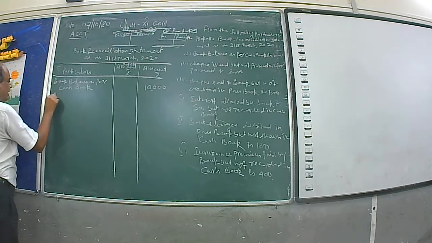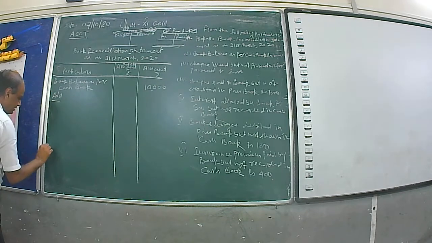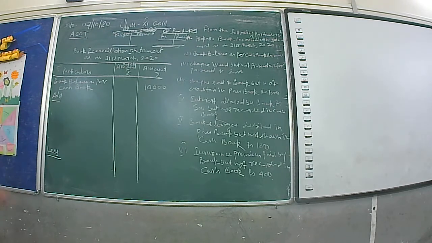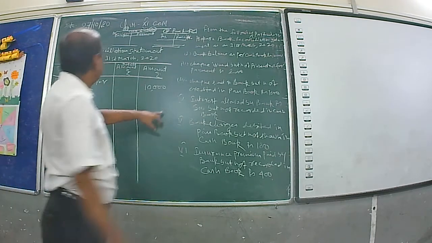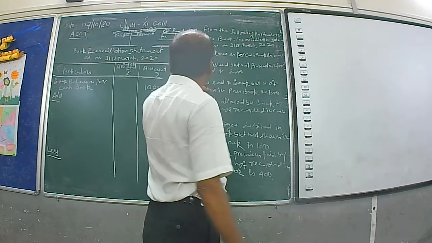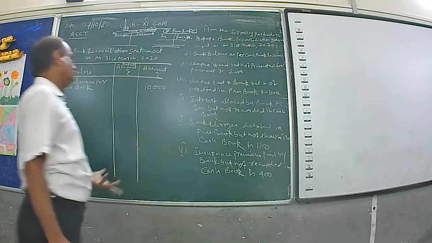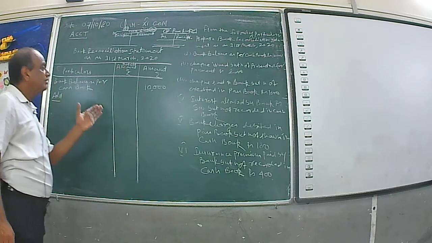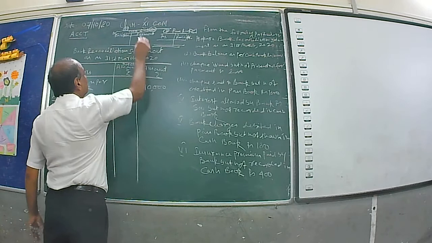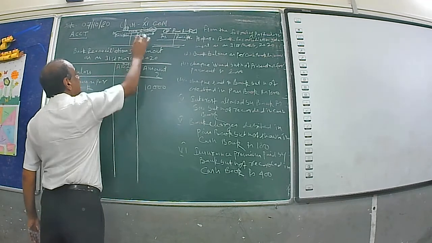Then you write here add and less by leaving some space. Now see one by one. See, check issued but not presented for payment. What happened? When the check issued, then the businessman will make the recording in payment side.